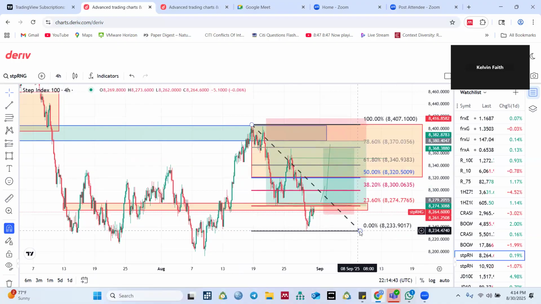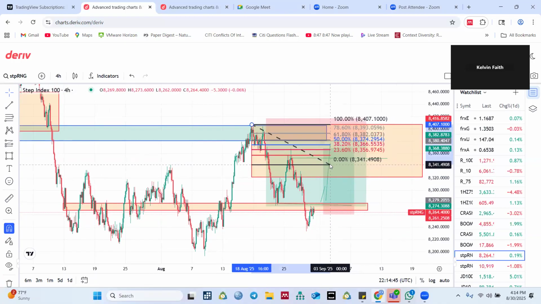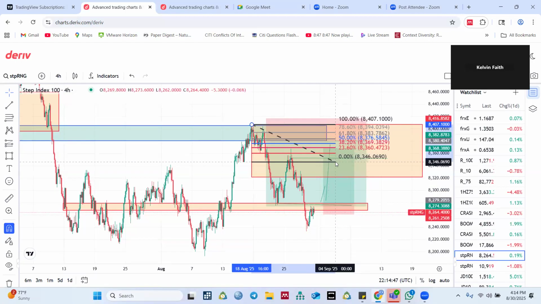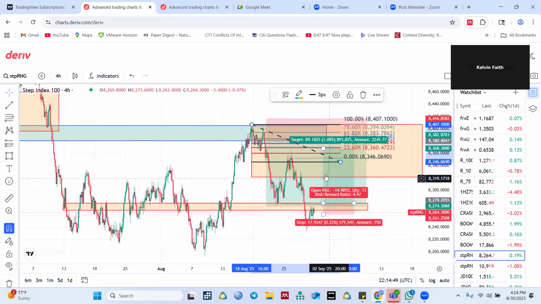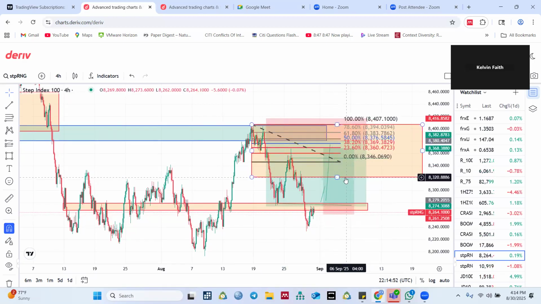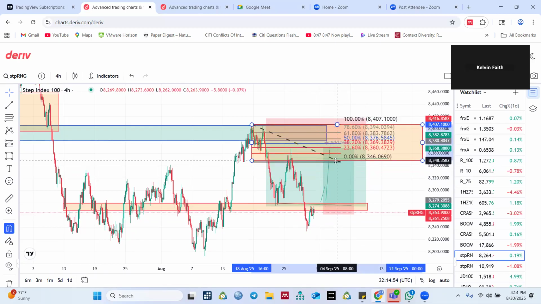We can even use this area, because this was a valid low. That's where the break of structure happened. So we can use this area as our premium zone.